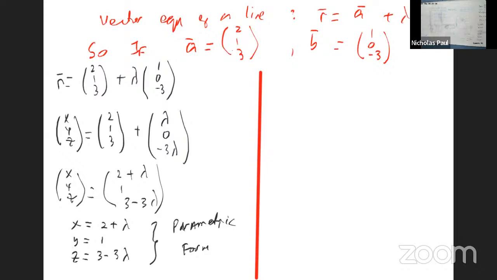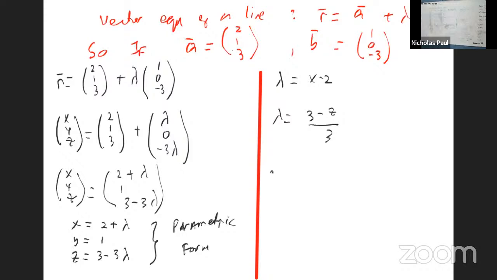I'll show you Cartesian one time. Cartesian is just to make lambda the subject of the formula. If I make lambda the subject in the first one, I will get x minus 2. In the second equation, there's no lambda. In the last one, if I make lambda the subject, I will get 3 minus z all over 3.